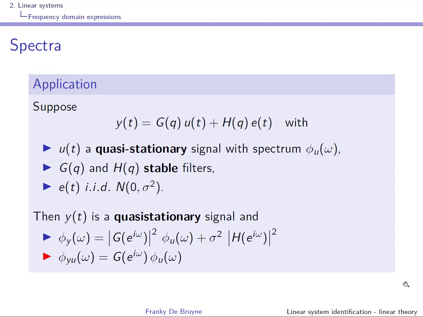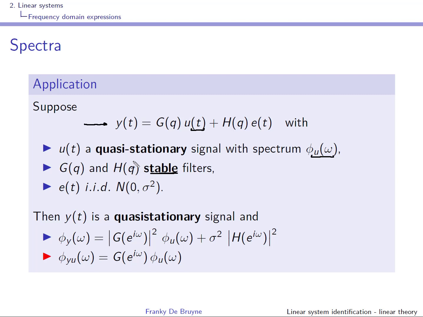So we arrive at the final result. Remember that this is the equation that will be generating the data, as we have assumed previously. We'll assume here that u is a deterministic but quasi-stationary signal with spectrum phi of u. This is the noise model. This is the deterministic part, the stochastic part, and we'll assume that both G and H are stable filters.